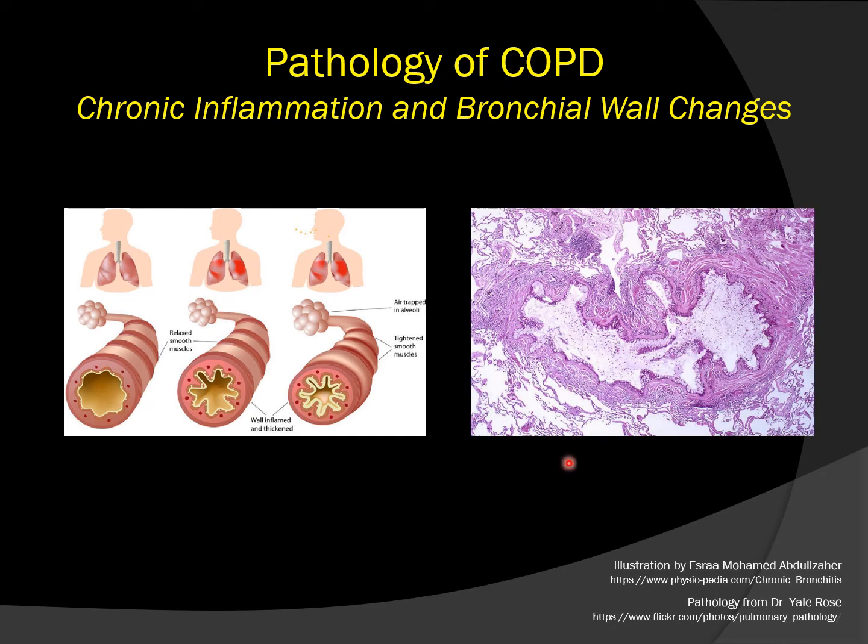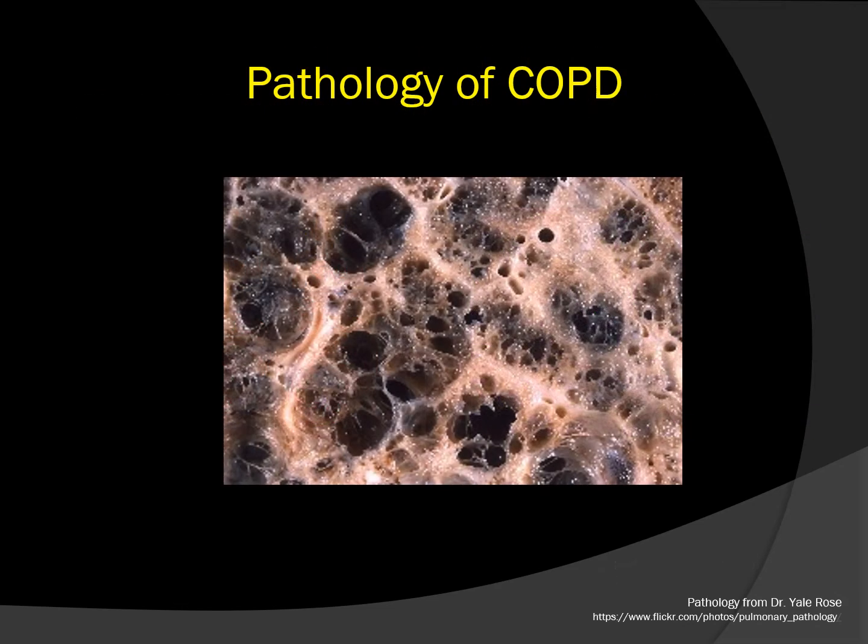Now here's some pathology showing thickening of the airway wall, which is this ring here. The epithelium is actually angry and inflamed, and there's debris right in the lumen of a bronchus here. We know this is an airway because there's some cartilage. So here's the pathological changes of COPD.